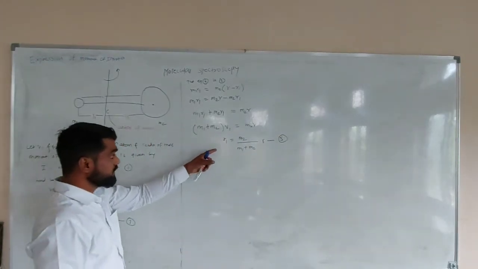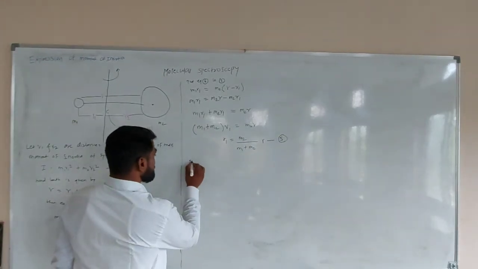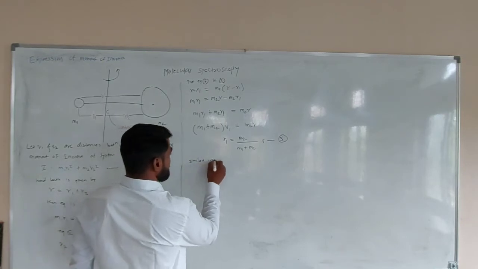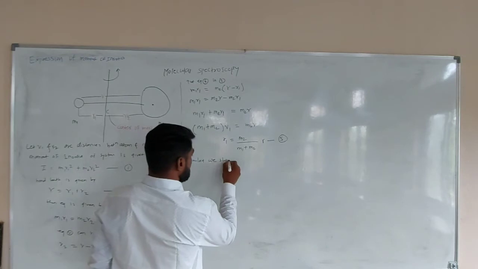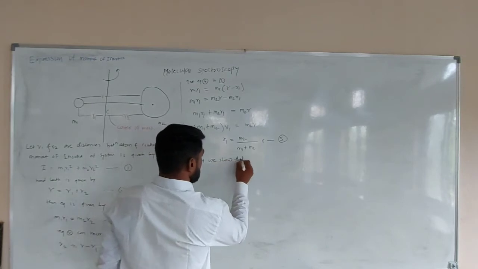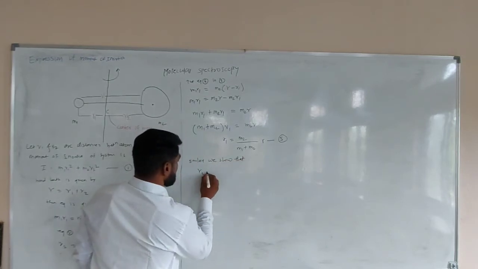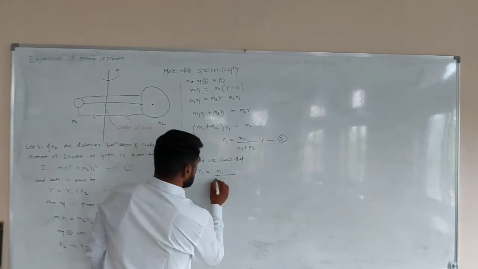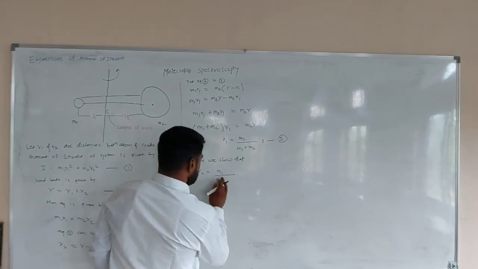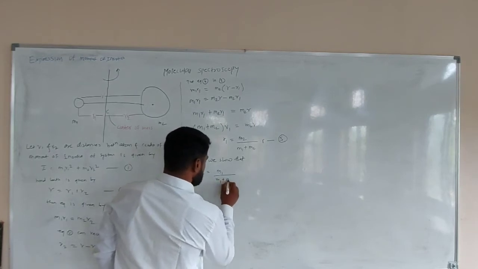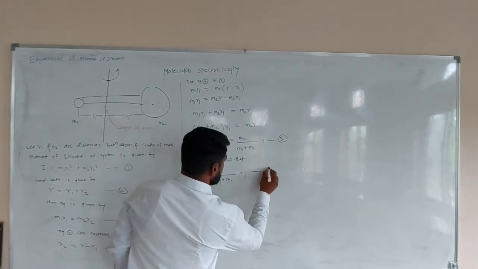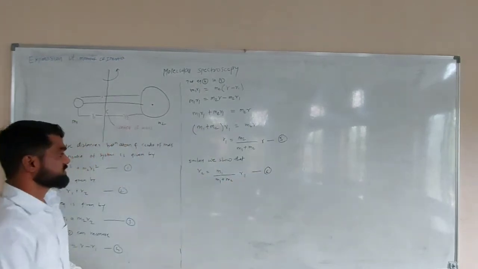Similarly, we can show that r2 is equal to m1 divided by (m1 plus m2) into R. This is equation number 6.